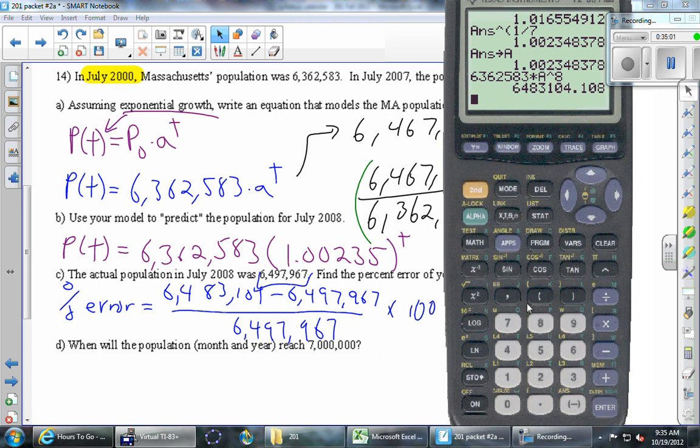So we're going to store this guy as, I don't know, we'll call this one G for our guess for the population. So we made our guess, it was that. And then I want to store the right answer, the one that was given in the problem. So how about I store this one as R for right answer, alpha R. So G is my guess, R is the right answer.